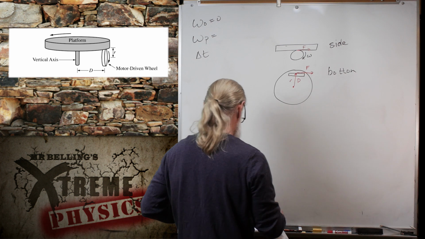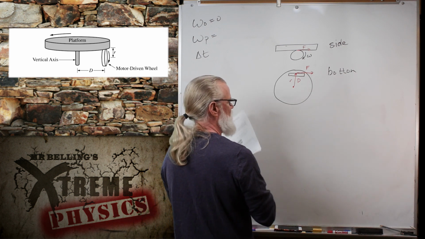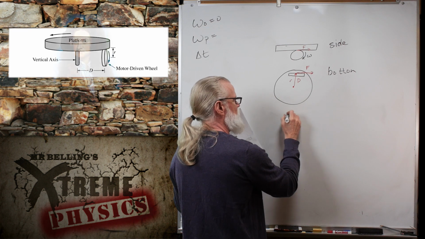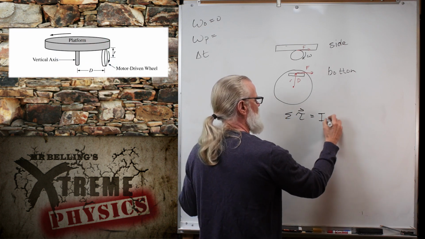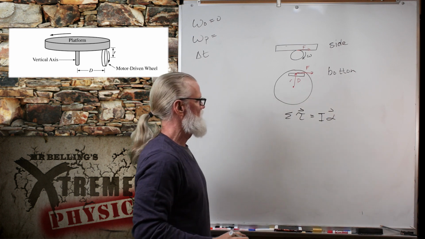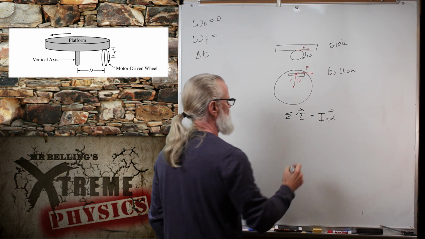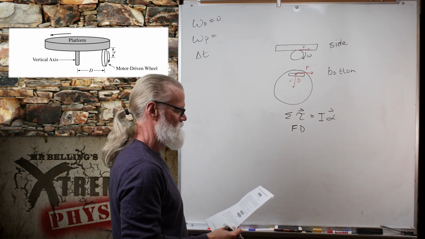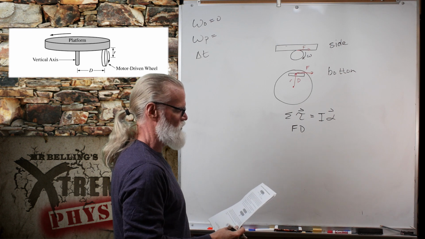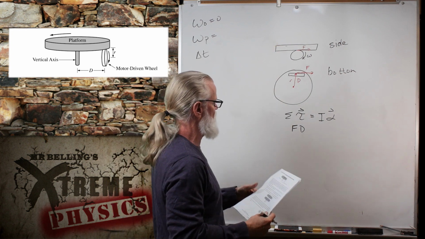So it's a constant force, therefore it's a constant torque. And we're going to apply Newton's second law of rotation: sum of the torques equals I alpha. And we only have one torque on it. It's FD. Actually, if we look from the top, which is the view they have, here it's looking like a negative torque, but from the top it would look like a positive torque.